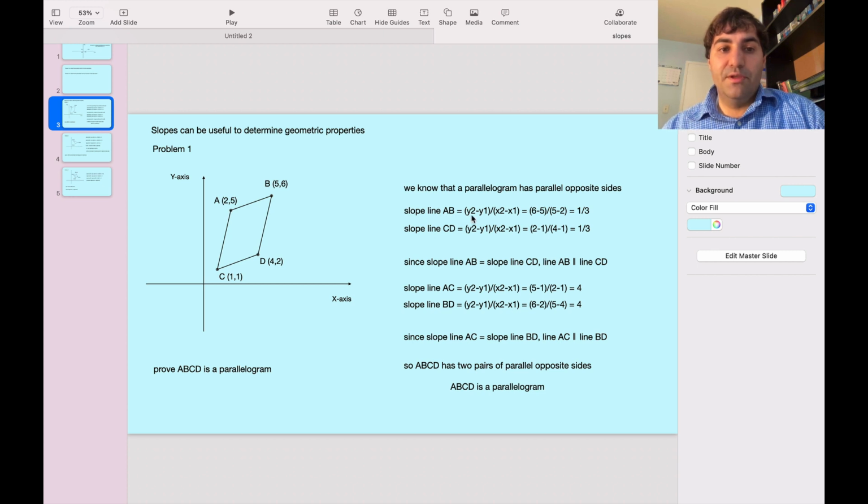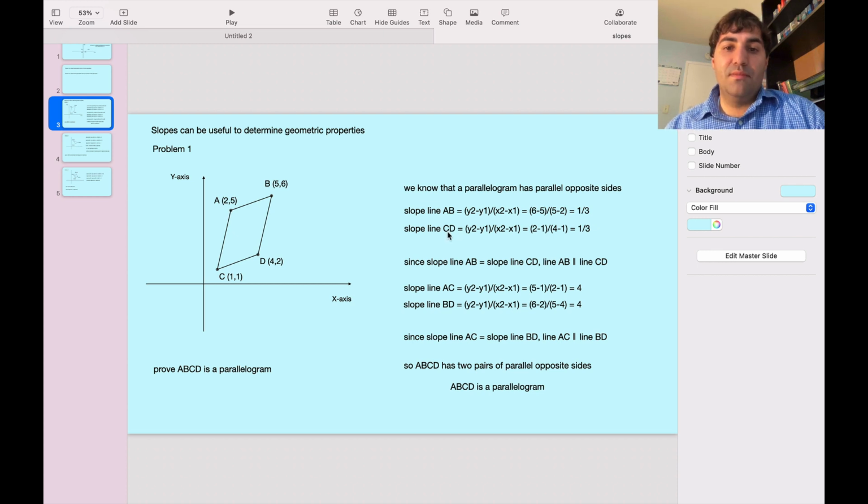We use the formula (y2 minus y1) divided by (x2 minus x1). So we take 6, which is y2, minus 5, which is y1, divided by 5, which is x2, minus 2, which is x1. And then we get the slope of line AB is equal to 1/3.